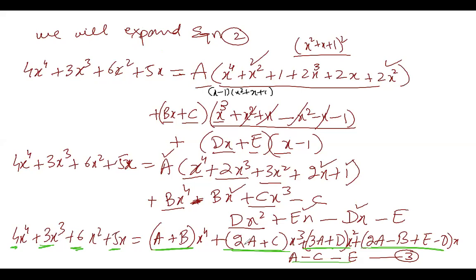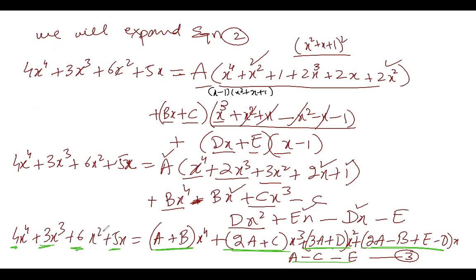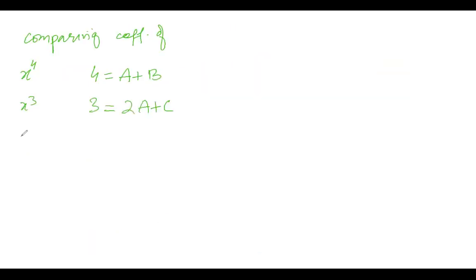And 3 is equal to 2a plus c, the x³ coefficient. Now x², 6 is equal to 3a plus b.